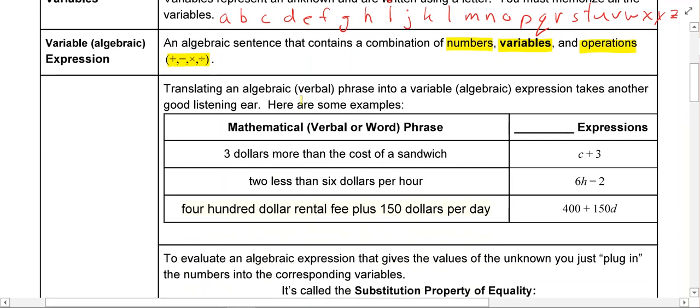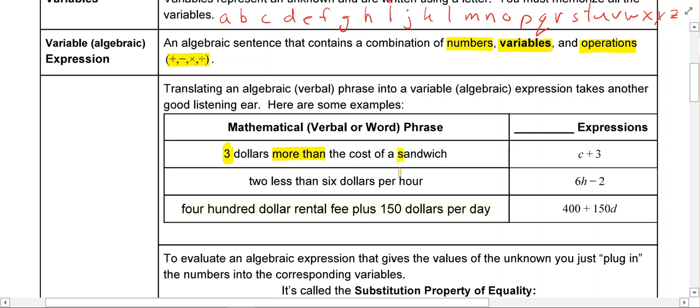Translating an algebraic or verbal phrase into a variable algebraic expression takes another good listening ear. Here are some examples. Mathematical phrases in verbal or word form. So, $3 more than, there's that special set of words, the cost of a sandwich. In this, we only have a 3 here, and we have the cost of a sandwich, which we don't know. So we use a variable. So what is a good variable to use?